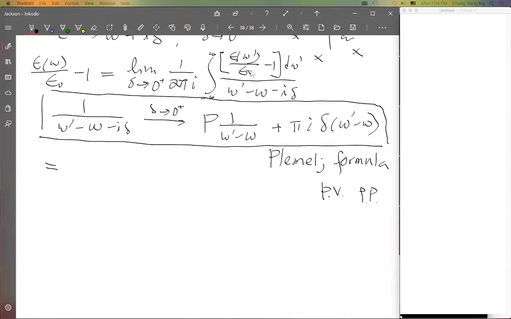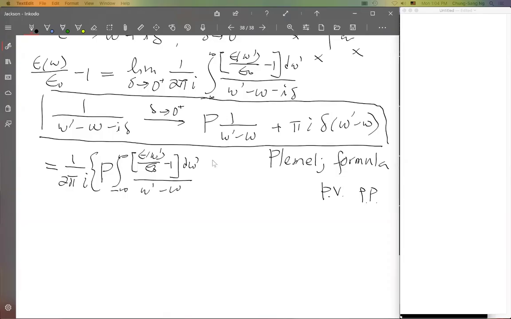After you substitute this in here, there will be two terms, and now you already let delta go to 0 using this relationship, so you don't need to carry this limit anymore. So now there are two terms. One is the principal part of evaluating this function, divided by omega prime minus omega.